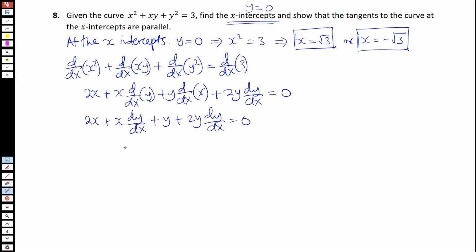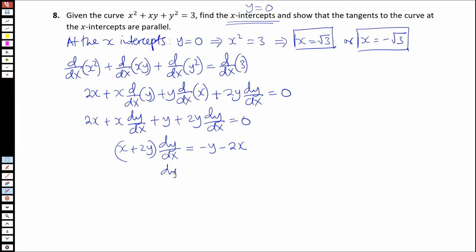So that will be x plus 2y dy over dx will be equal to negative y minus 2x if you take this to the right.